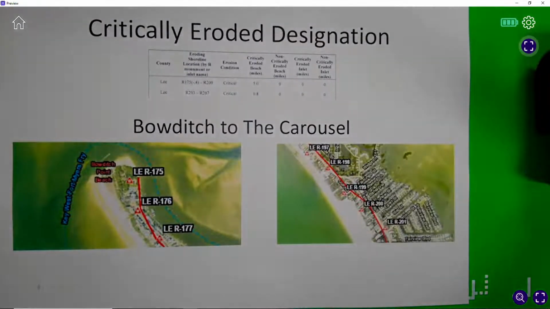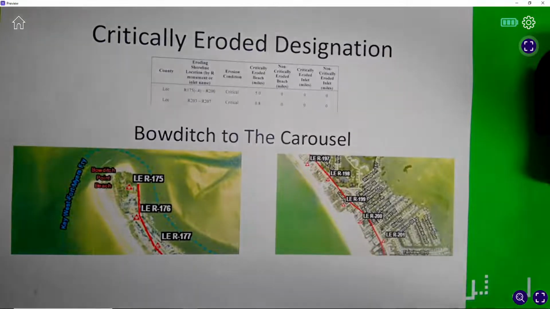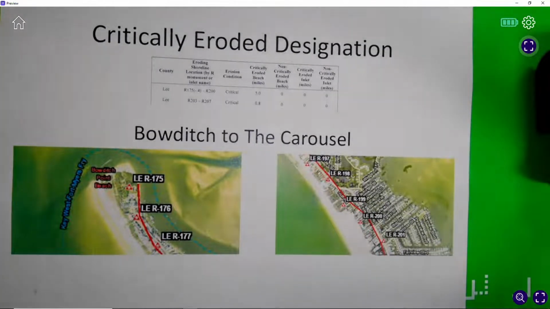For that northern designation, that's from Bowditch to Carousel, noted as R175 to R200 on the south. Zoom in on each one of those, the beginning and end points.